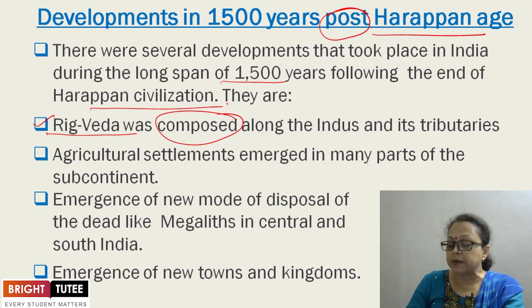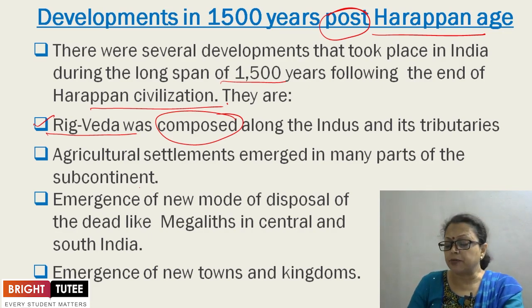Agricultural settlements emerged in many parts of the subcontinent. Rig Veda started in the northwestern part, along the Indus River and its tributaries. But the agricultural settlements which emerged in many parts of the subcontinent were not specified only in the western side, but might be throughout the country.